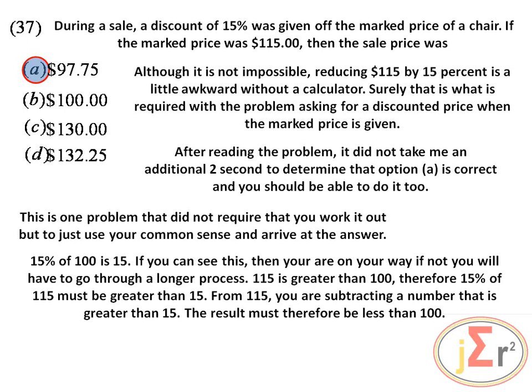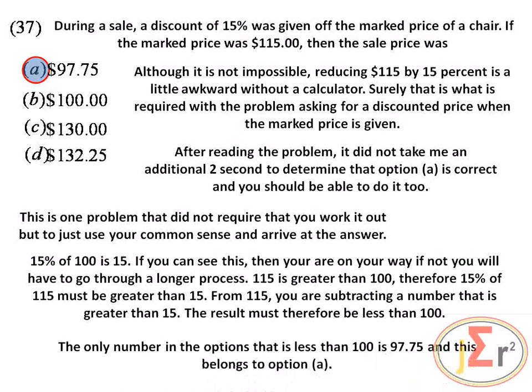So, from 115, you are subtracting a number that is greater than 15. The result must therefore be less than 100. And the only number in the options that is less than 100 is 97.75, and this belongs to option A.